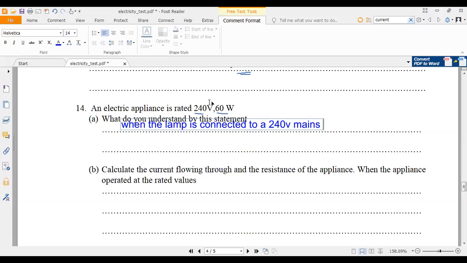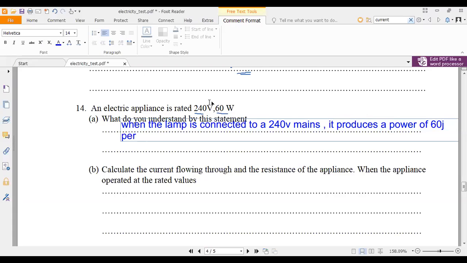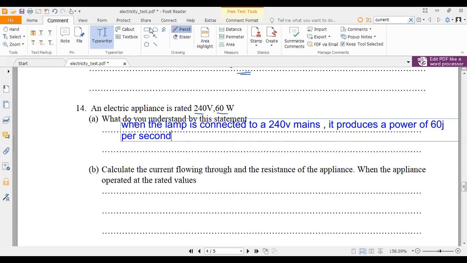When it is 240 volts, it produces a power of 60 joules per second. Because this is power, which is work done over time taken, which is the 60 joules per second. So basically that is how we can simply explain that one.